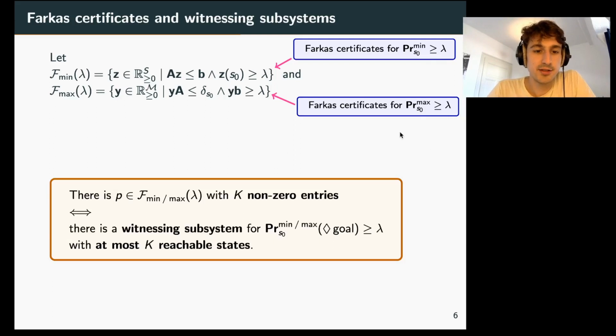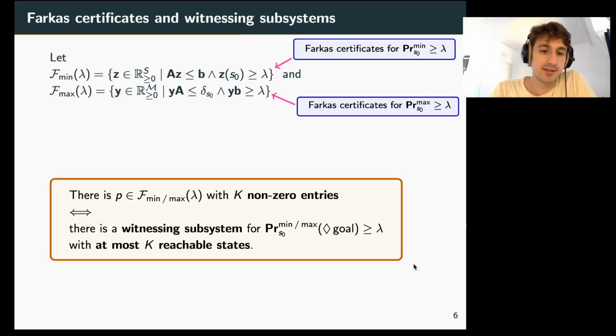So there is a vector p in Fmin or Fmax with k non-zero entries if and only if there is a witnessing subsystem for the corresponding threshold property with at most k reachable states. So we can relate the non-zero entries in these Farkas certificates to the states that are reachable in the witnessing subsystem.